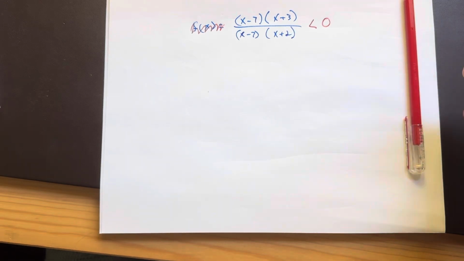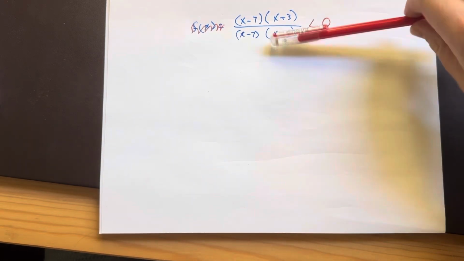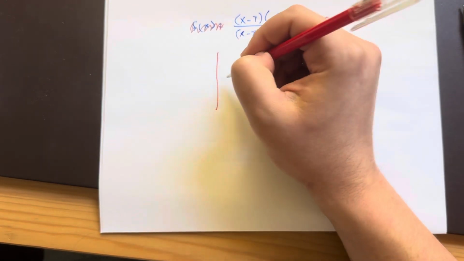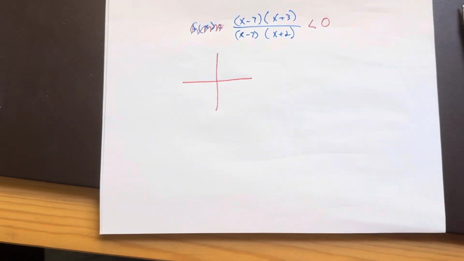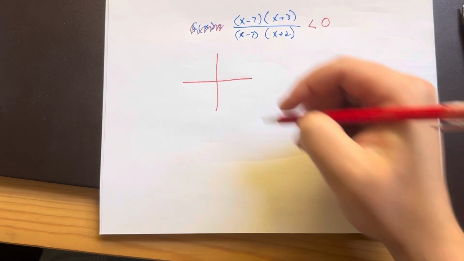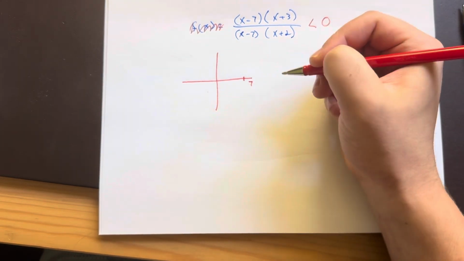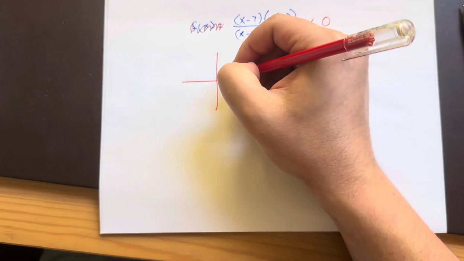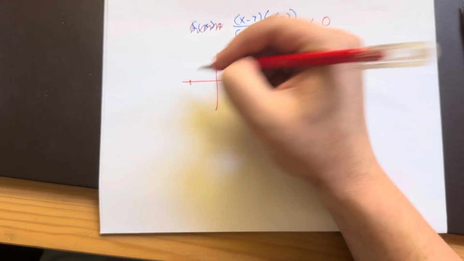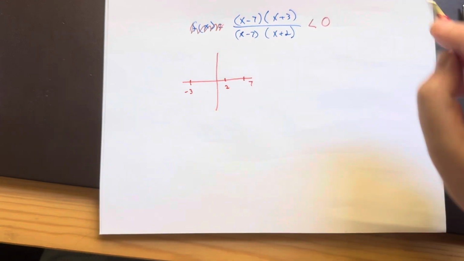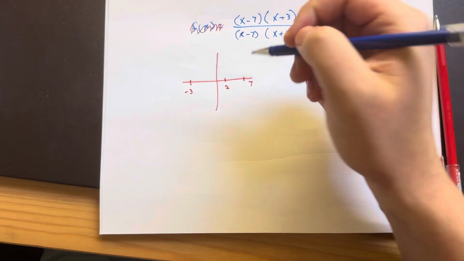Let's graph. And just like I promised in all my other videos, we don't need to graph anything too complicated. We know that we've got roots at 7, 2, negative 3. This is going to be such a weird looking graph.